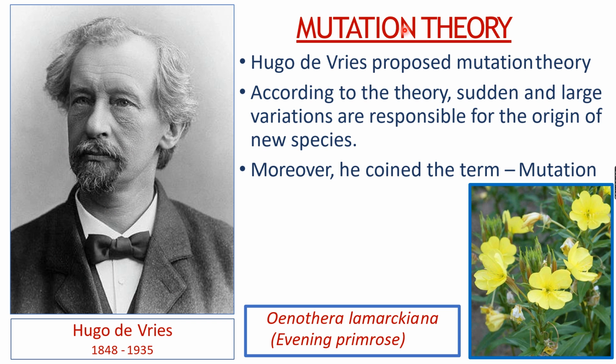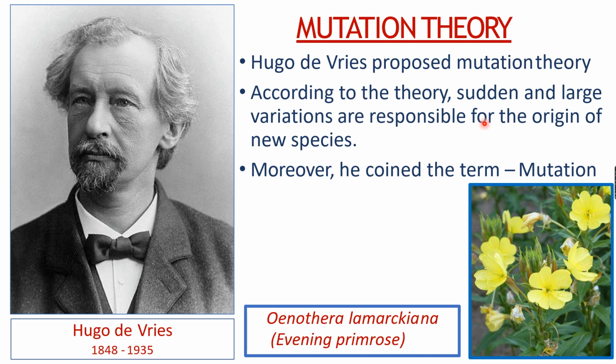Evolution, mutation theory. Mutation, what is mutation? A sudden change in the chromosome number or chromosome structure, and this mutation leads to variation, and variation leads to evolution, that we know. So this mutation theory was proposed by Hugo de Vries.